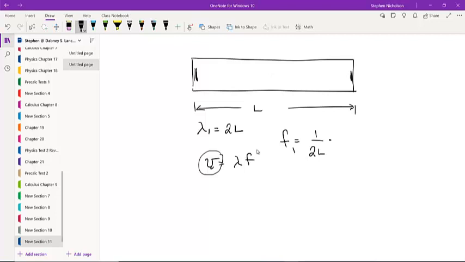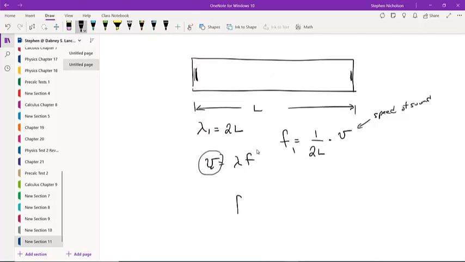And instead of multiplying by the square root of F over mu, you multiply by V, where V is the speed of sound, and L is the length of the tube.